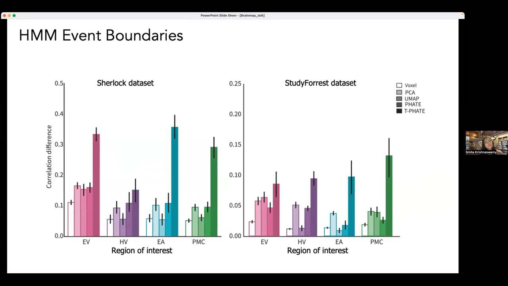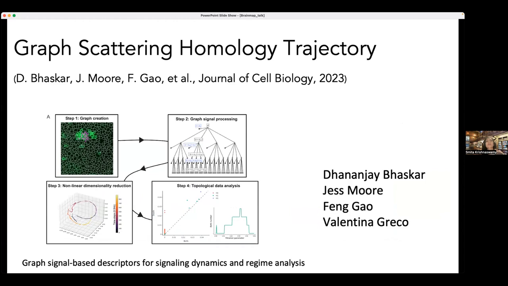So this was very interesting to us, and we wanted to do more in as far as characterizing these kinds of dynamics and breaking them up into different segments and recovering stimulus features. So recently we went another step further and developed a geometric scattering homology trajectory.